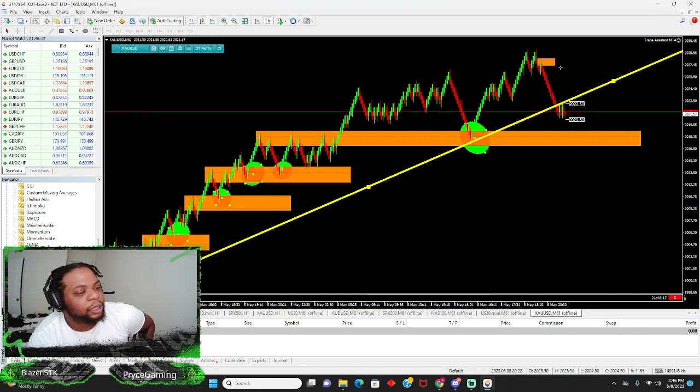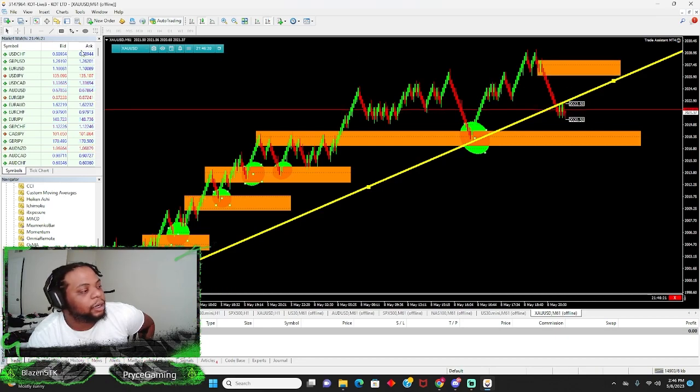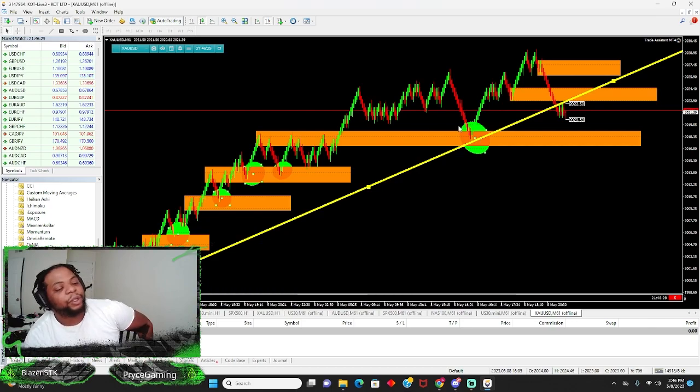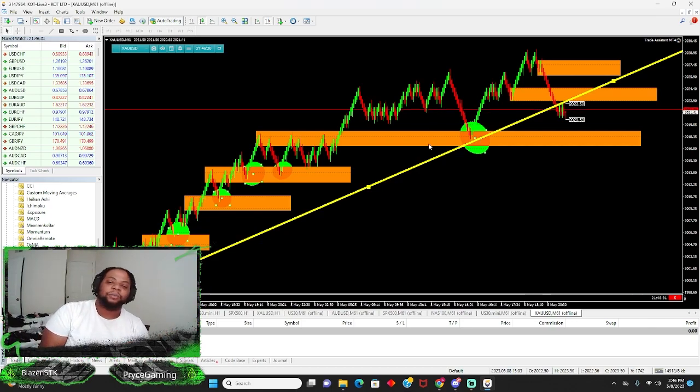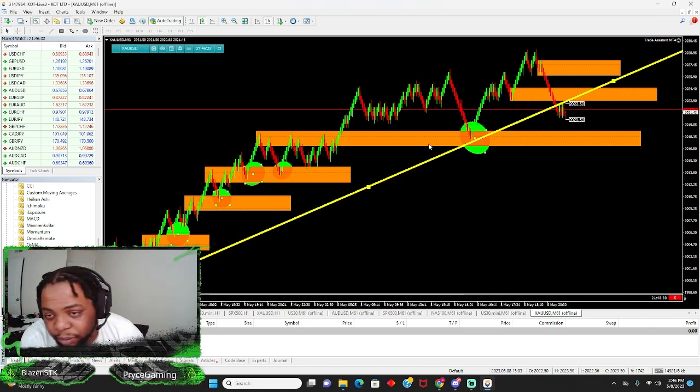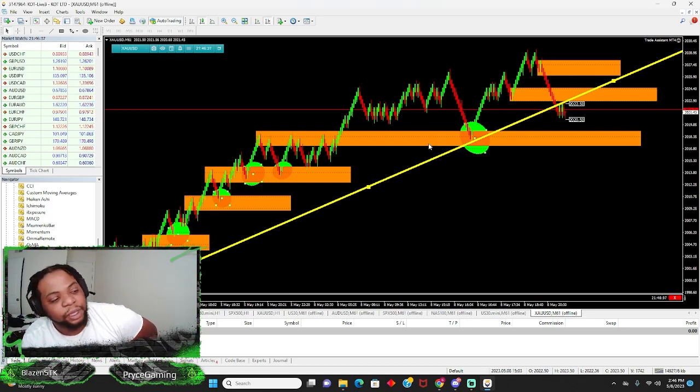currently, this right here, maybe this right here, but we have to break below this because market structure is still in the up. So in order for it to stay in the up, if we come here and bounce up, we're still going up.